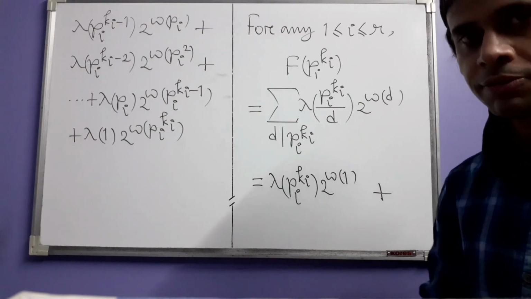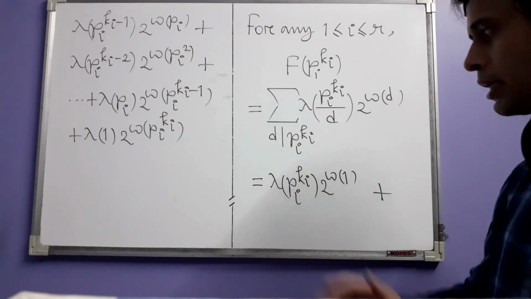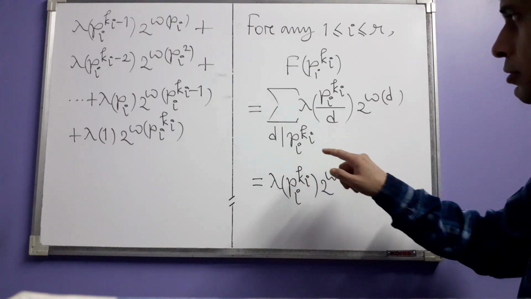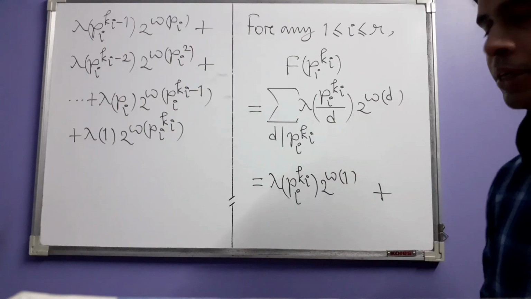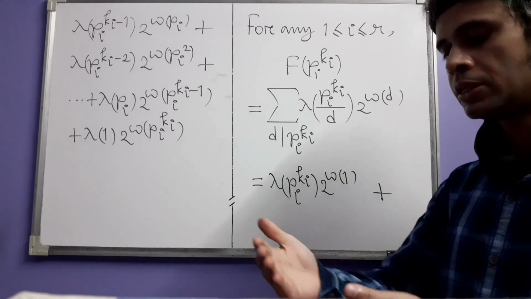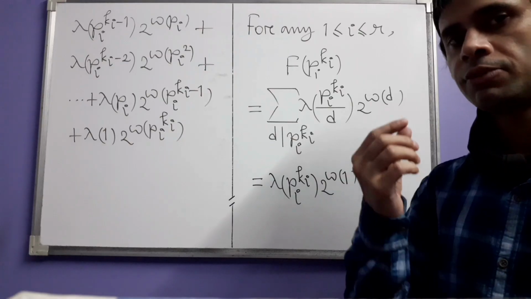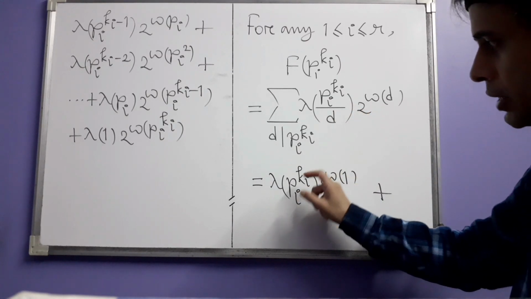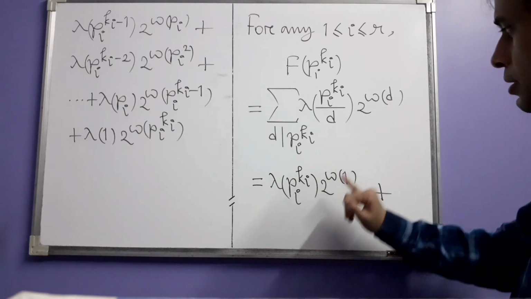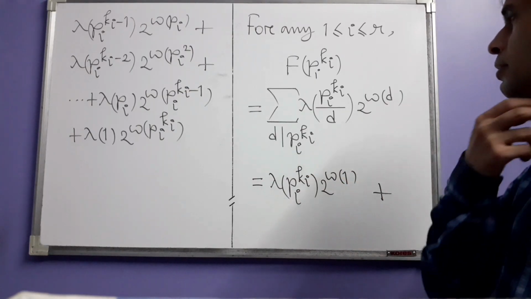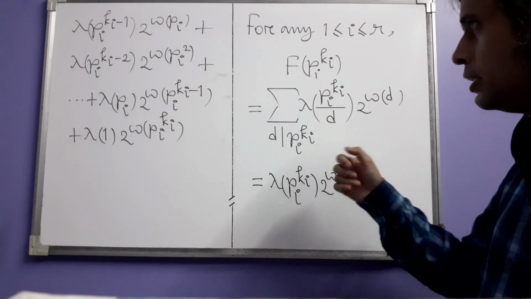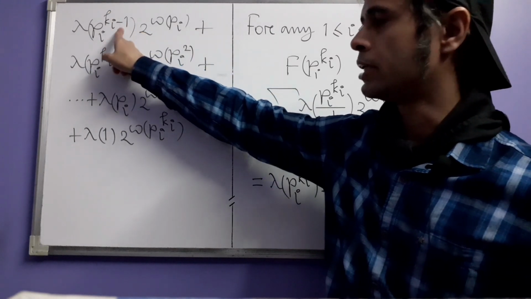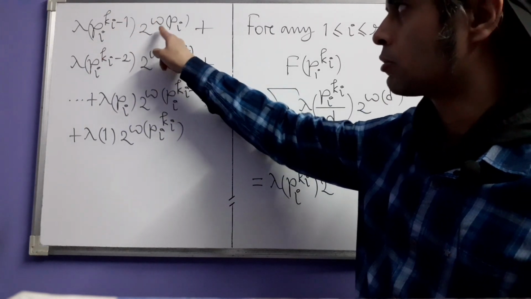These are the only positive divisors of pi to the power ki, and accordingly we can write the sum. So what will you get if you take d equal to 1, for example? Let us consider the positive divisors in increasing order. So let's first take d equal to 1. So this part will be pi to the power ki, and because d is 1, you have 2 to the power omega of 1. Then the next value of d is pi. Dividing this by pi, you get pi to the power ki minus 1 times 2 to the power omega of pi.